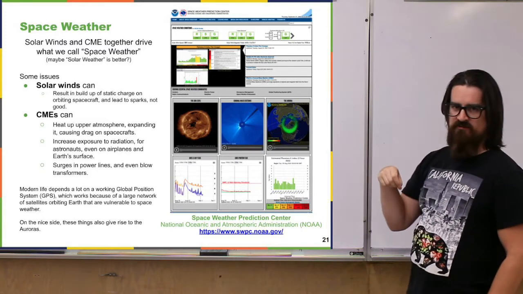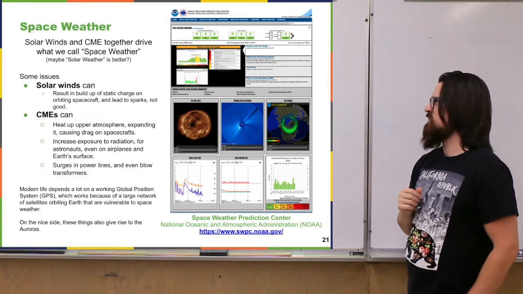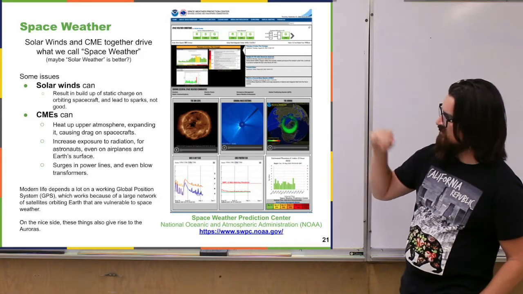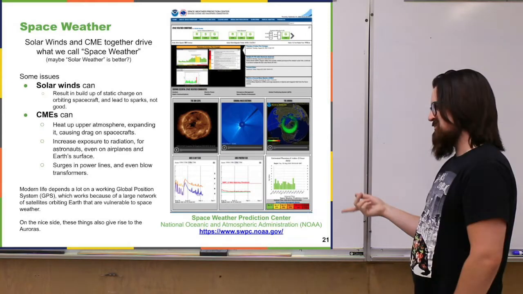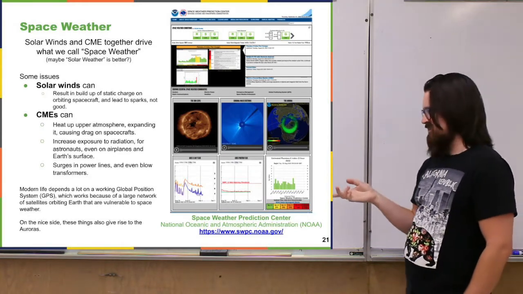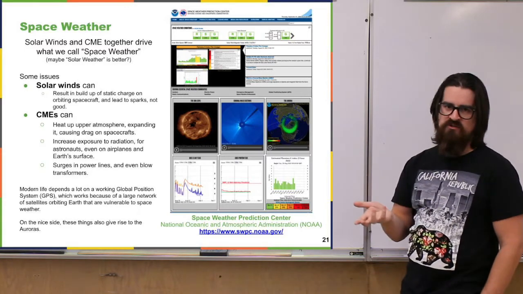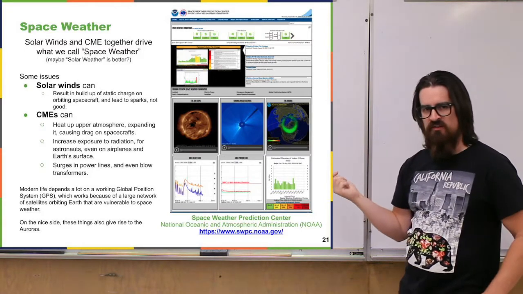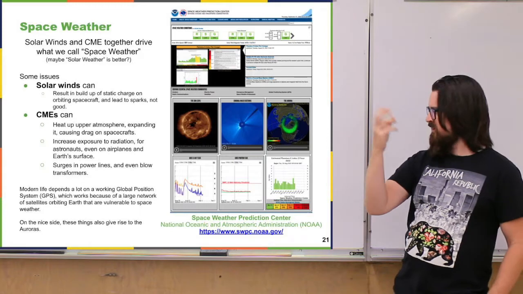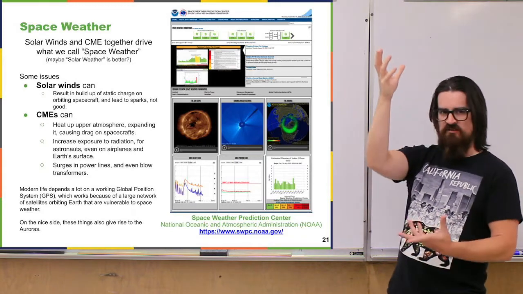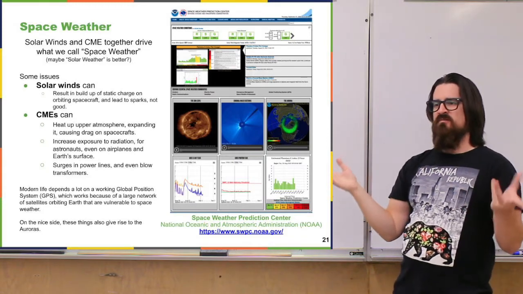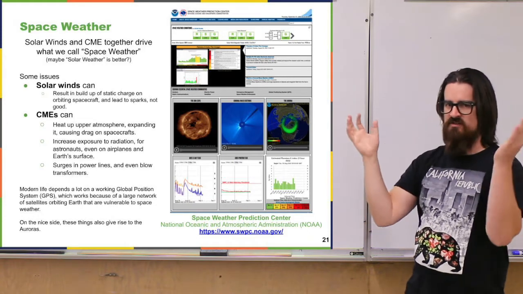So I said all this stuff that can cause problems. The space weather can be a problem, all these solar winds, coronal mass ejections. But there are also some nice things, particularly the auroras. I think I mentioned before that the aurora borealis and the aurora australis at the North and South Poles are a result of material impacting Earth's atmosphere.